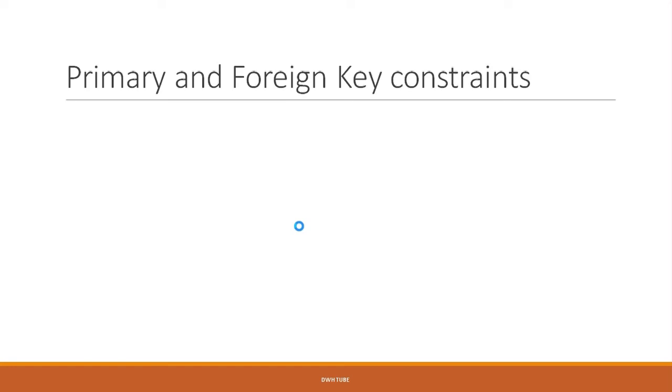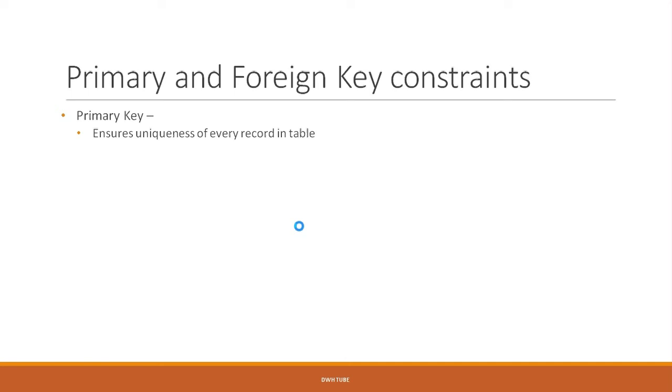What are the primary key and foreign key constraints, and what happens if we use them? Okay, so primary key, right? If we define a particular column or a set of columns as a primary key, it essentially ensures uniqueness on every record. In our example, we defined customer number as our primary key.